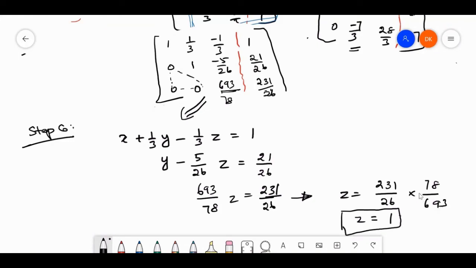Okay, so then you can divide this by 3, so this will be 3. Okay, so 3 will get cancelled, z is equal to 1. So now the z value is equal to 1. We found that the z value is 1.